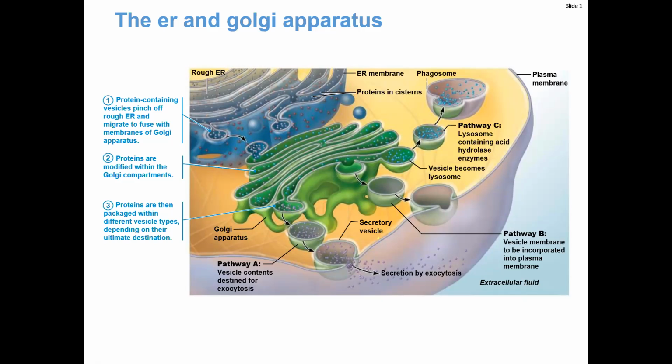The other approach is to integrate those proteins with the cell membrane. And the third approach is to create digestive enzymes and store them in other organelles inside the cell. So we have these three options that can take place here.